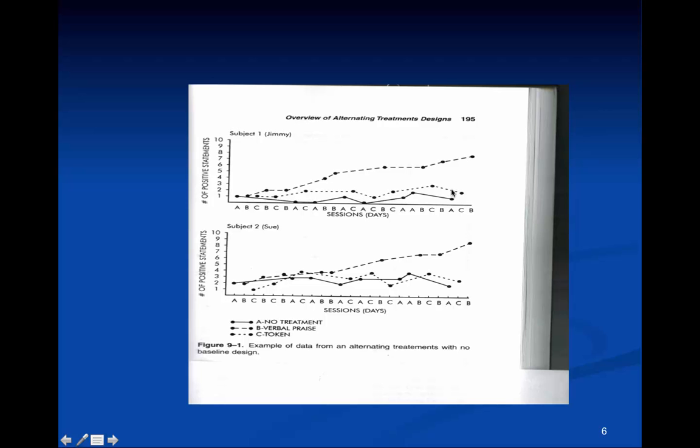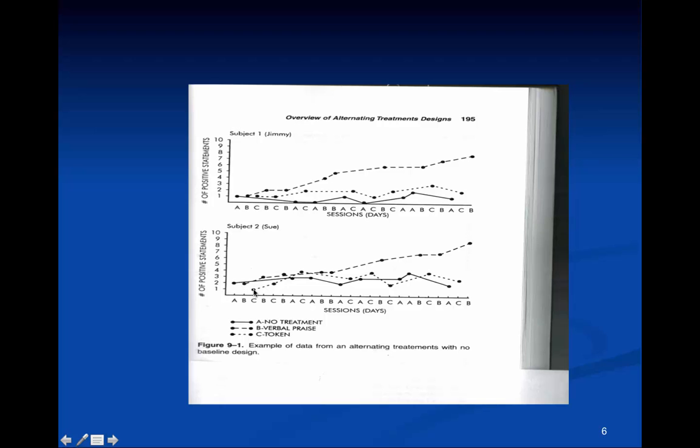That's this line, I think. But the one where you got the most positive statements, at first they were all kind of bunched up, which is what you typically see with an alternating treatment design. It takes a while for the individual to discriminate among the conditions, and for you to start to see one of them emerge if that's going to happen. And in Jimmy's case, it did with the verbal praise.